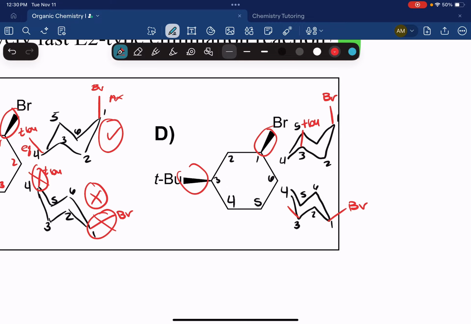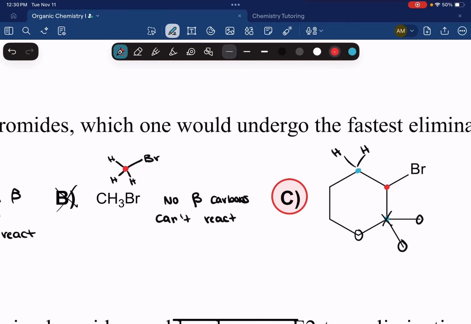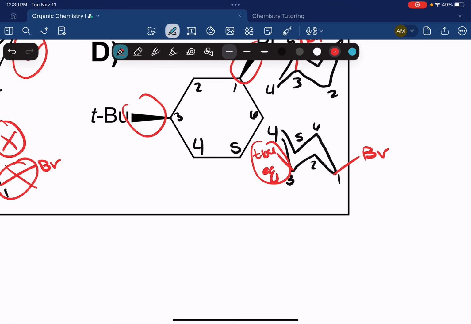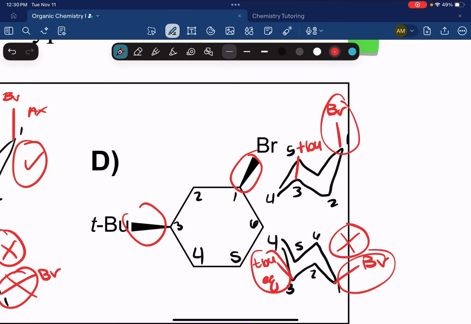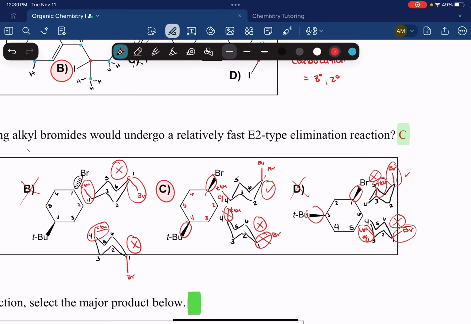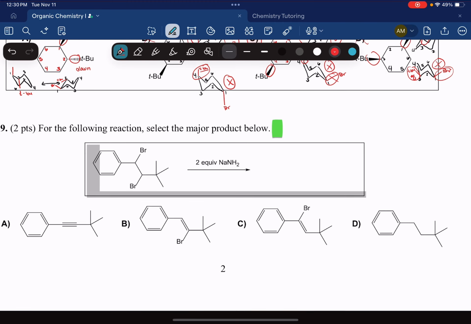Not good. So again, this we like. It's equatorial, it's stable. We don't like that this is equatorial. We want it to be axial. This is axial, which is good. However, this is also axial. We don't like that. So we don't like D either. So our best answer choice is going to be C. Cool. Hope you guys understood that.